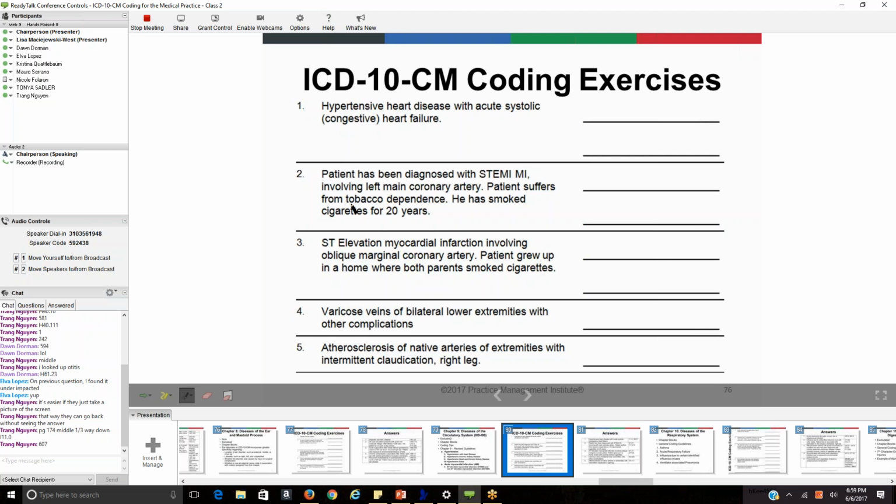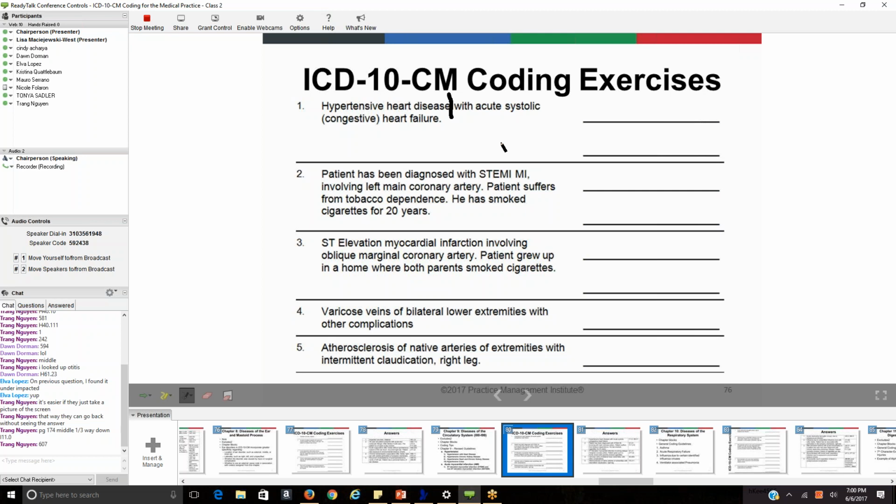So this code is actually broken down into 2 separate codes. Taking my pencil, you have hypertensive heart disease as the 1 code. Then acute systolic congestive heart failure is the I50 code. So then we go to I50. I50.2 is systolic congestive heart failure.